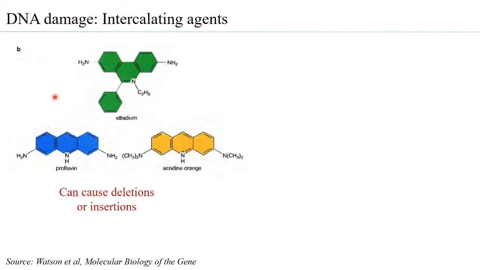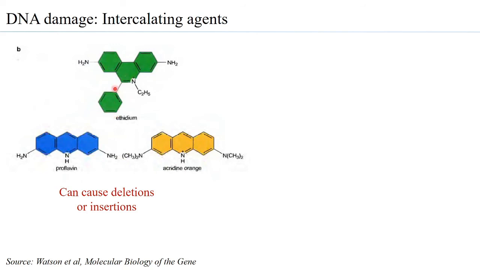Then there is another group of chemical agents which are called intercalating agents, and that also can cause DNA damage. So you have what is called ethidium bromide, you have proflavin, and you have acridine orange. These are considered to be common intercalating agents.